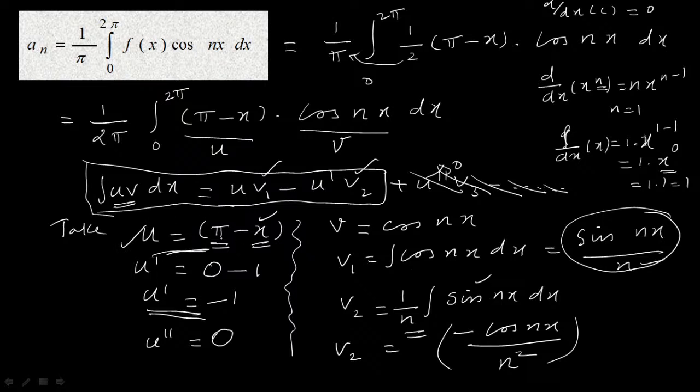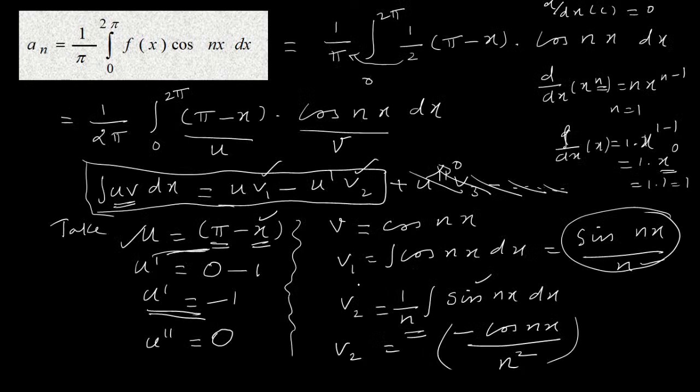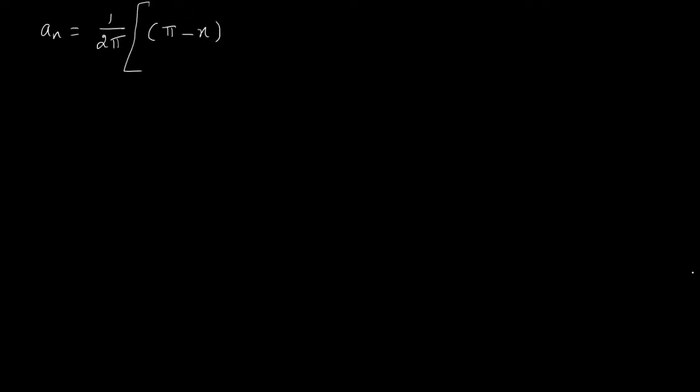Then V1. What is your V1? Your V1 is sin nx divided by n. So u V1 minus u dash V2.